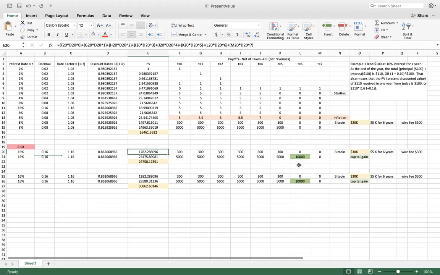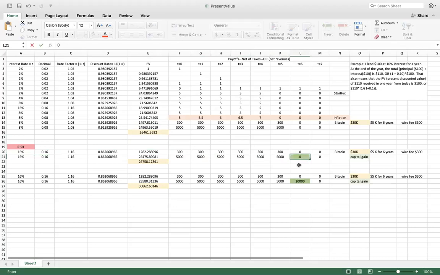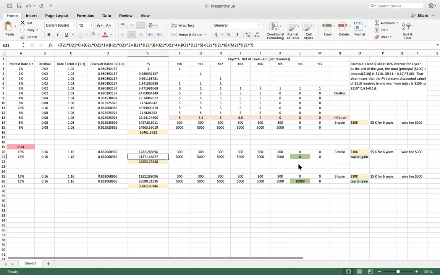And also, if I zero this out like we would expect, the value of transferring $5,000, again assuming that additional risk, the higher interest rate plus the risk premium, makes the value of the Bitcoin worth even less.